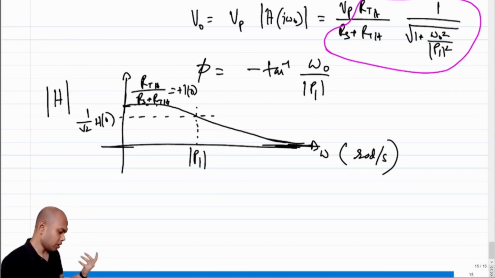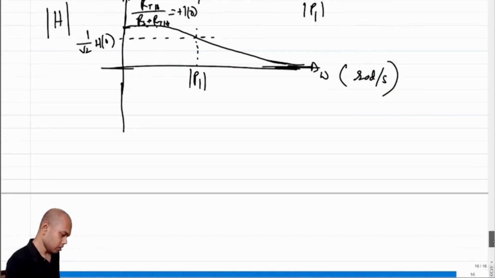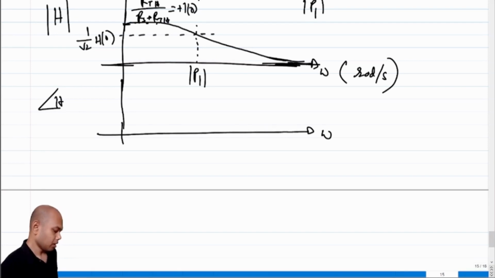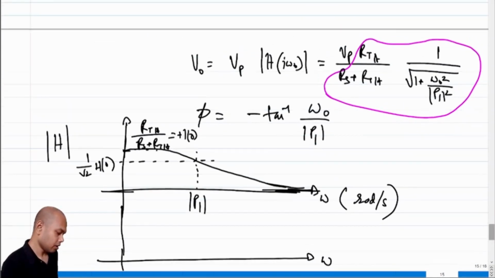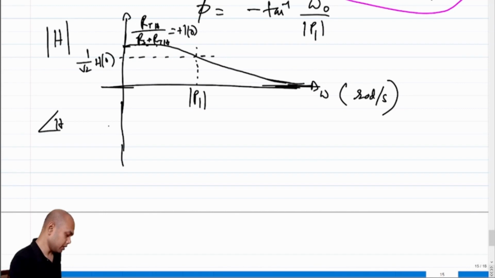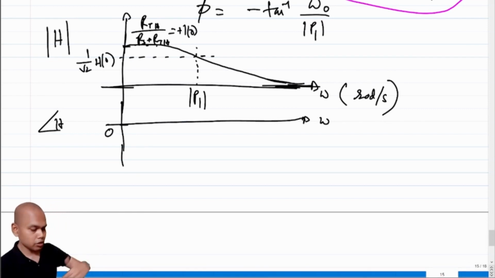Okay, fine. So similarly, what's going to happen to the angle of H? The angle of H is minus tan inverse omega naught over mod of P1. So it starts off from 0 at omega equal to 0, and then as omega increases, it goes negative, right?